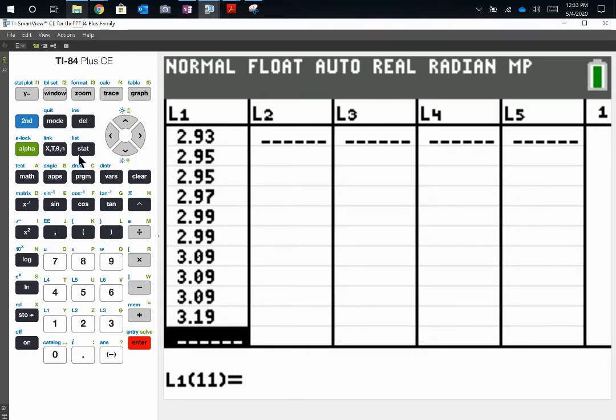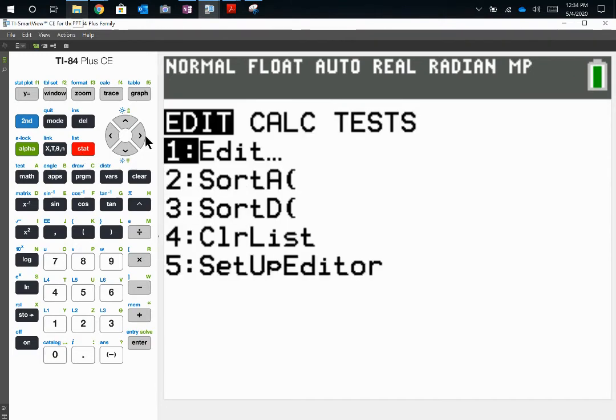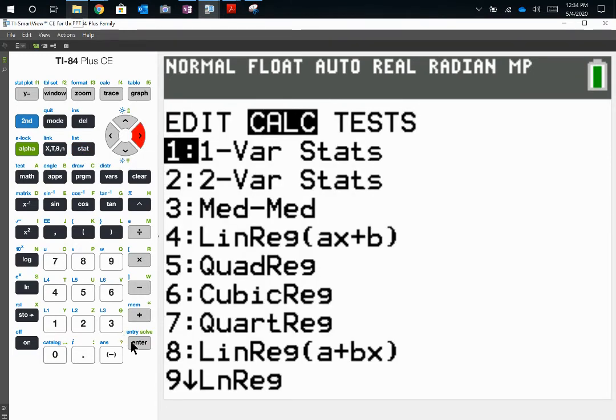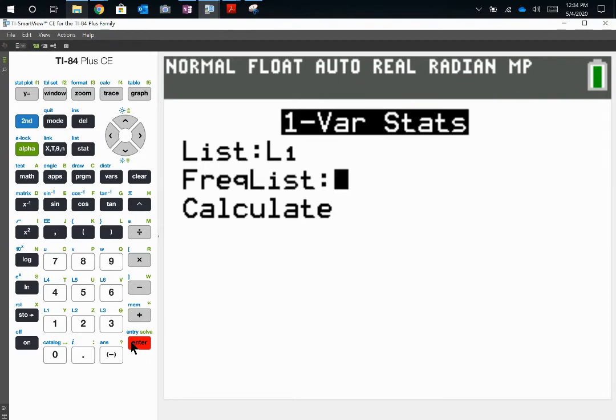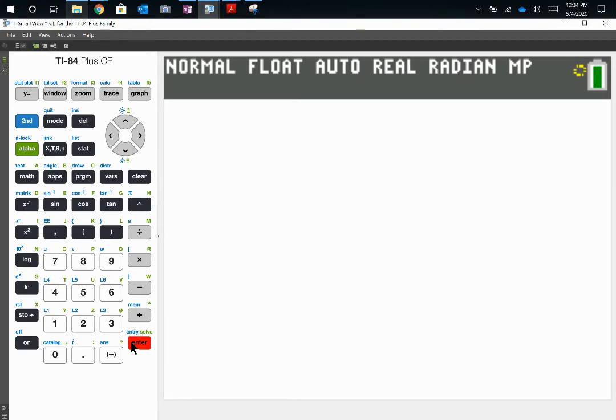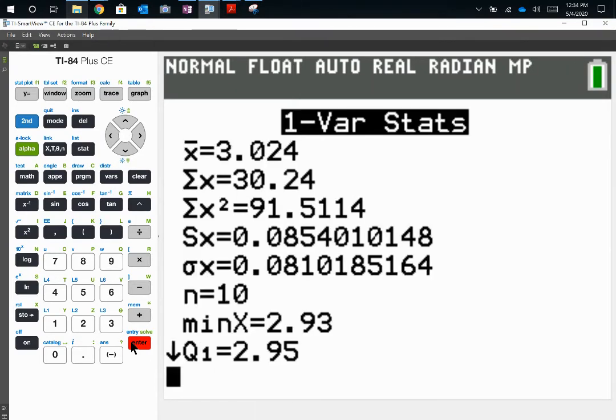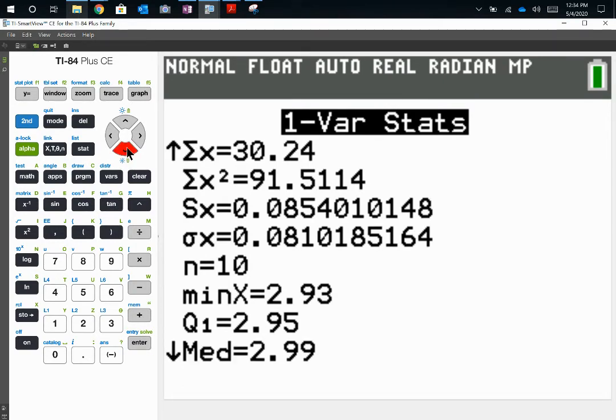Now, press stats again, calculate, one variable statistics, and all you do now is take this arrow down to the median, okay, to the median right there, 2.99.